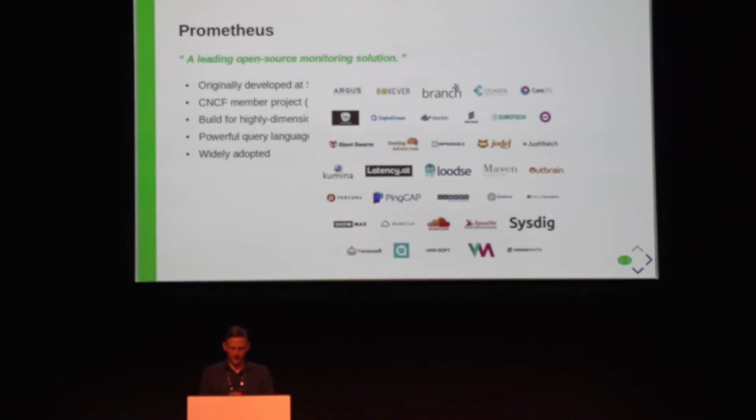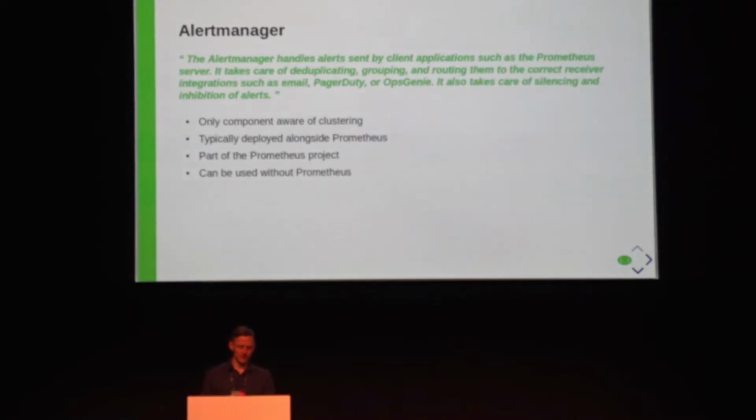So one component I would like to mention explicitly is the alert manager. It is part of Prometheus itself, though you can definitely use it without Prometheus. It's just exposing an HTTP API. The reason I want to mention it here is that this is basically the only component in the Prometheus stack that is aware of clustering.